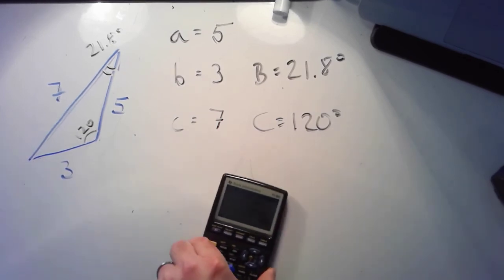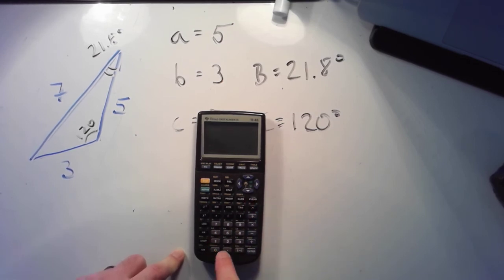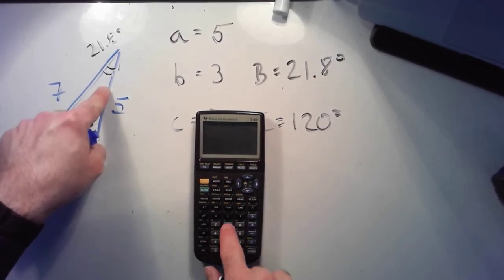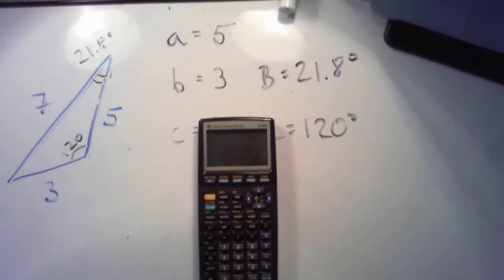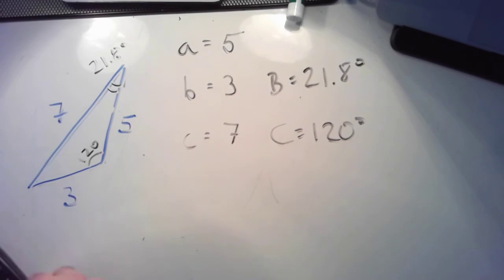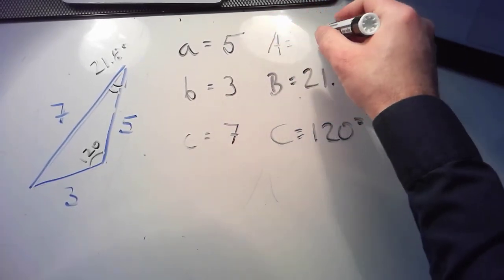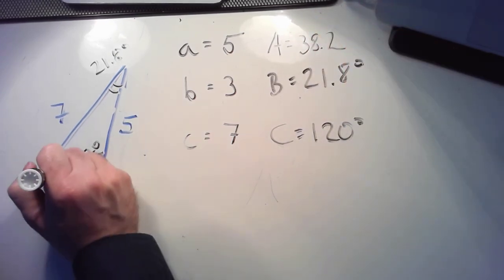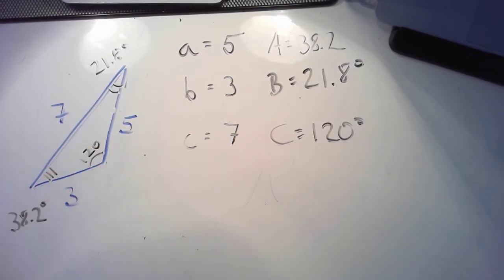I just have to do 180 minus 120 minus 21.8, and I've got 38.2. And that'll do it.